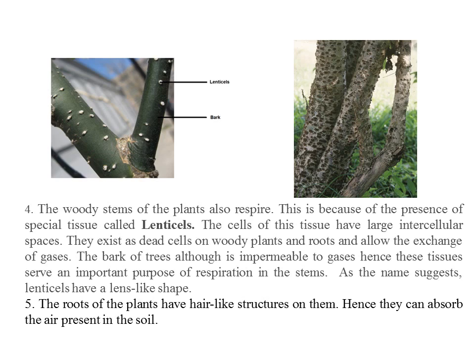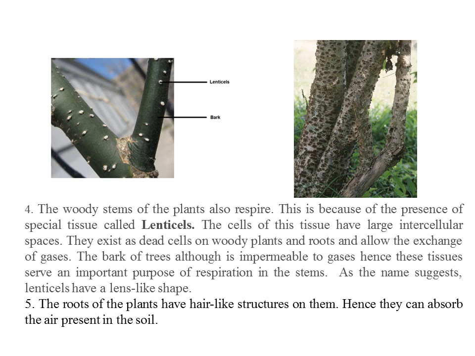So here the lenticels, or the tissue, serve an important purpose of respiration in the stems. Here the lenticels come from the lens-like shape, okay, and the roots of the plants have hair-like structures on them.